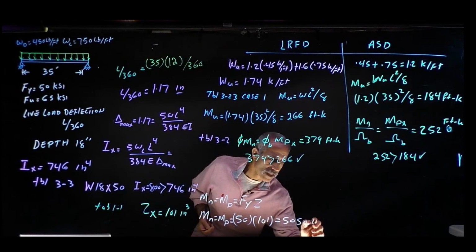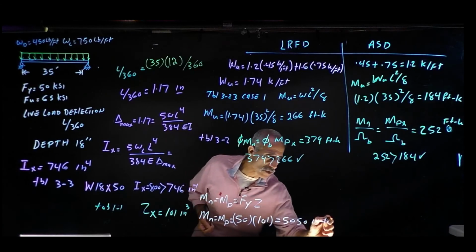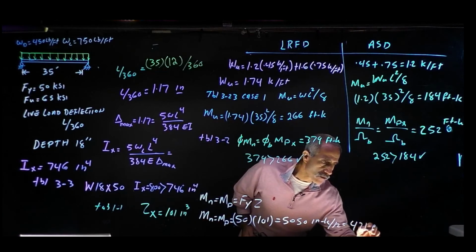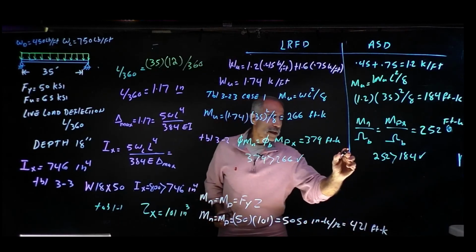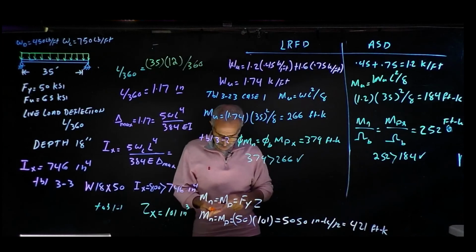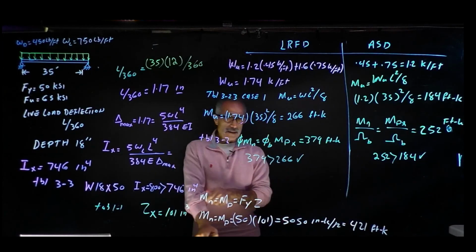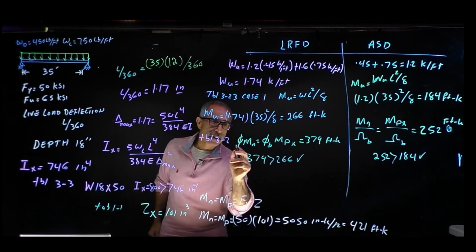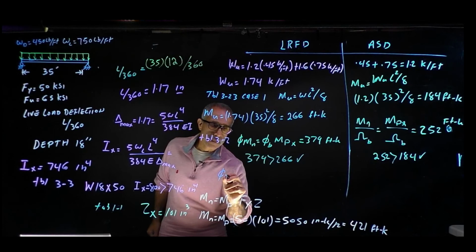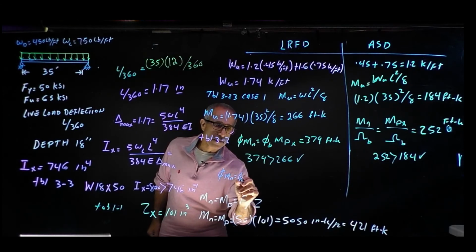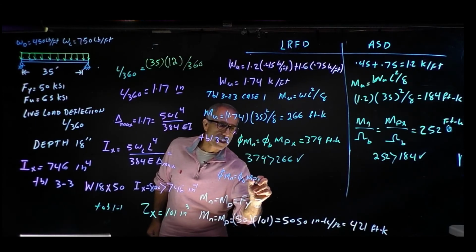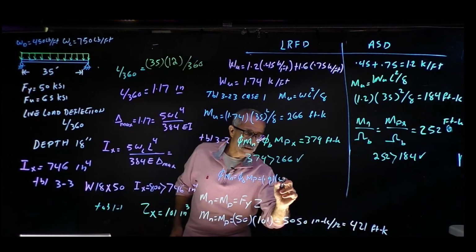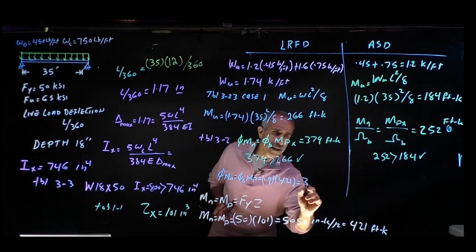That gives me 5,050 inch kip. I want that in foot, so divide that by 12, and that comes out to 421 foot kip. Coming back in here, our phi Mn, which is equal to phi b Mp, comes out to 0.9 multiplied by 421, and that comes to 379.